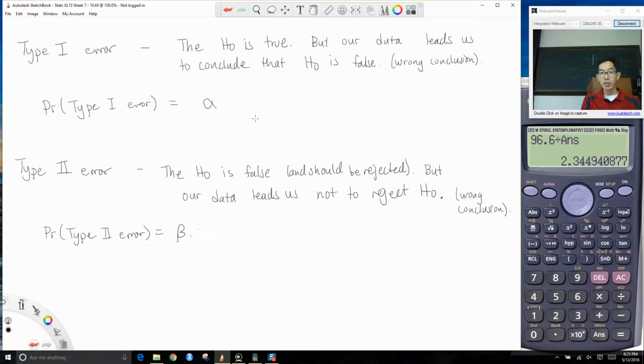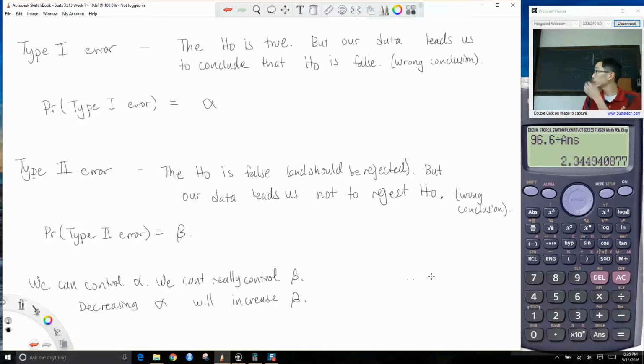So we have control over alpha, we don't really have control over beta. Decreasing alpha will increase beta.